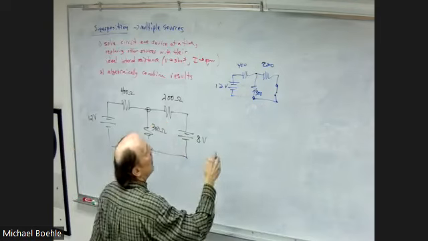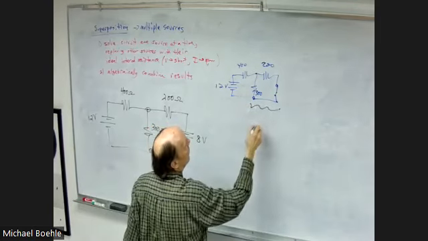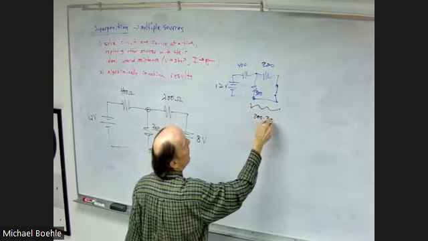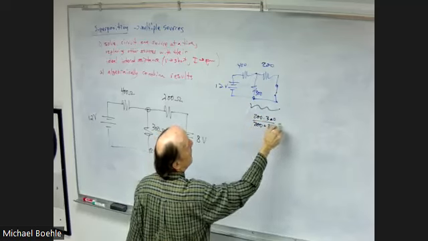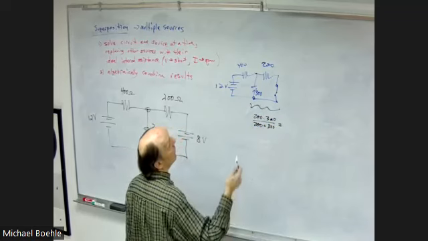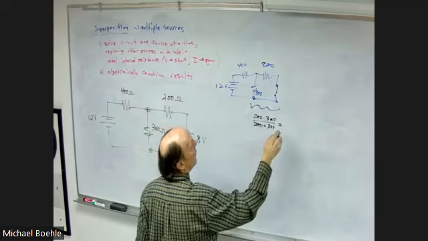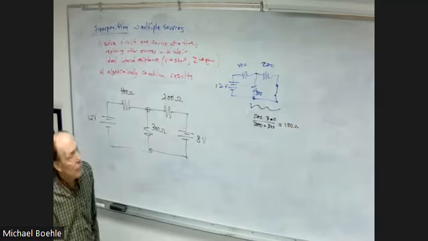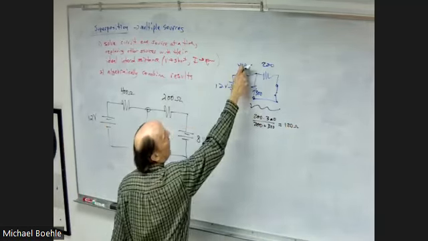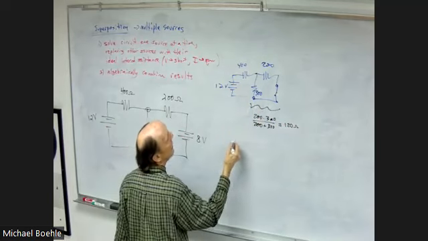Okay. All right, so 200 times 300 divided by 200 plus 300 is, what is that? 60,000 divided by 500, 120 ohms. So now that and the 400 ohm are in series.